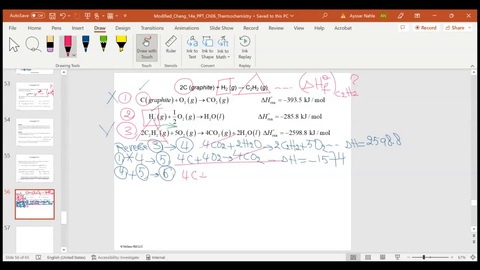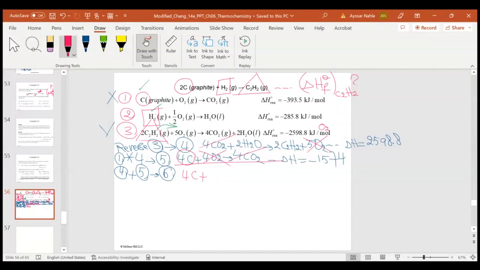4 carbon plus 2 H2O plus 4O2. Wait a second, please. 4 carbon. Now, 4 O2 in here and 5 O2 in here, remaining how many O2 on this side? 1 O2, right? Remaining will be 4 carbon from there. There is no other carbon.